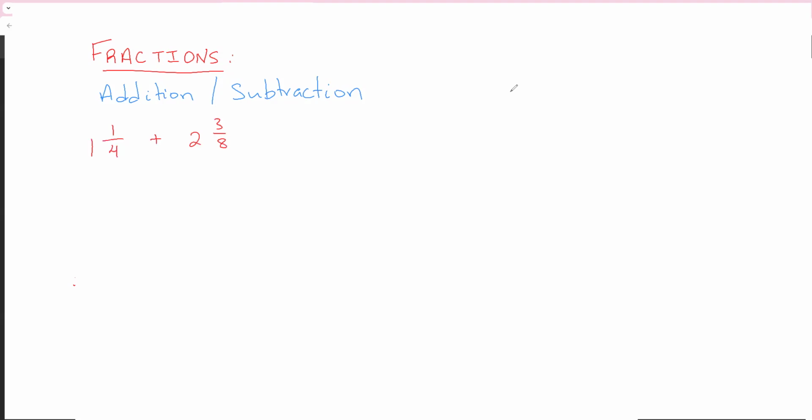Right, and another one, let's say they gave us 4 3/8 minus 3 5/6. Right, so we're looking at addition and subtraction of fractions, but this time mixed numbers.